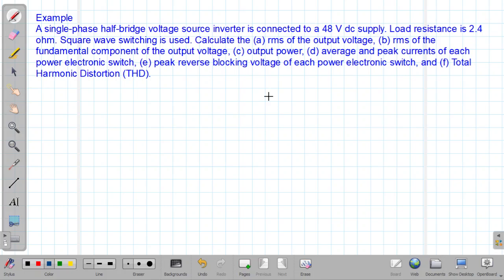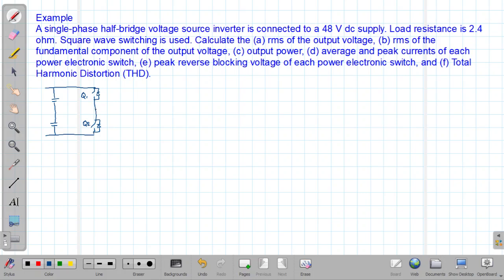First I will draw the schematic diagram of a half bridge DC to AC converter. You have two capacitors which are split up, and then you have the power electronic switches, Q1 and Q2.